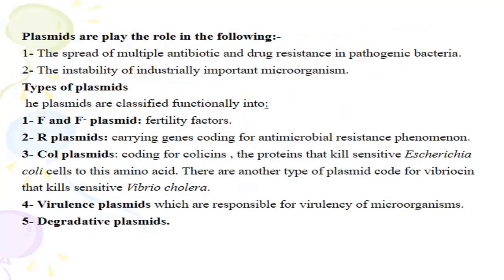Now, as you know, the genetic elements in bacteria are different. Of these, plasmids, episomes, cosmids, and transposons. Now, I will talk briefly on each one of these. As you know, plasmid. What is the difference between plasmid and episome?